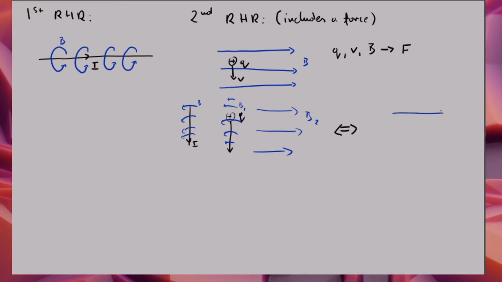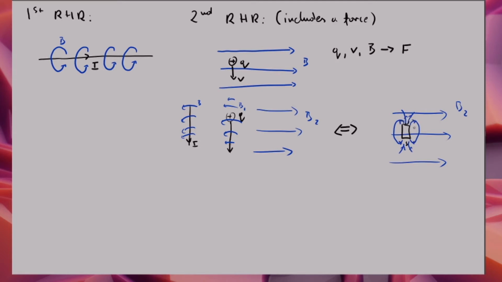Here is a magnetic field. Call this B2. And then let's say you place a magnet in here. This magnet has a north and a south pole. And so there's a magnetic field that points around this magnet like this and like that. So you have a magnetic field due to the magnet here.